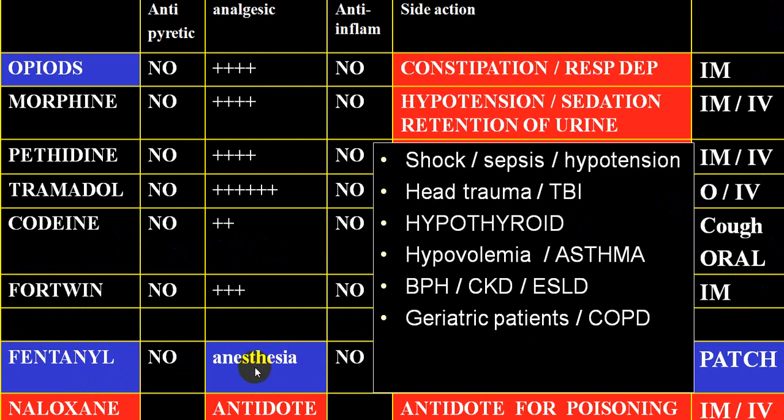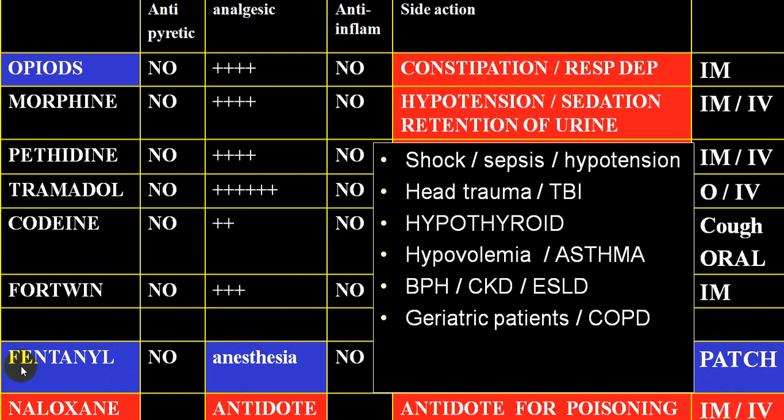Fentanyl is available as an anesthetic, that is, intravenous injections, and also in the form of a patch, which is very commonly utilized for chronic pains, particularly cancerous and non-cancerous pain. And naloxone is available as an intramuscular or IV preparation.